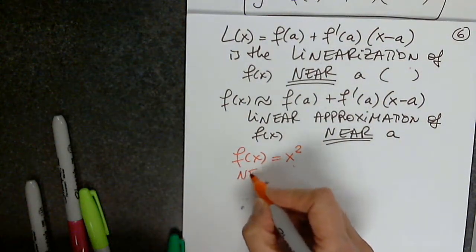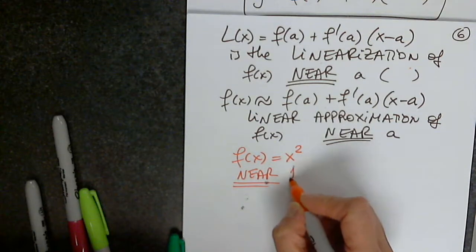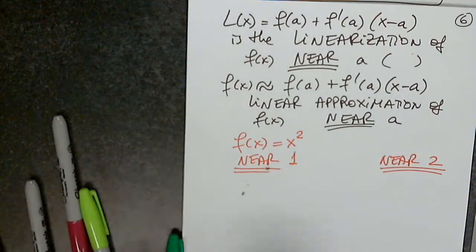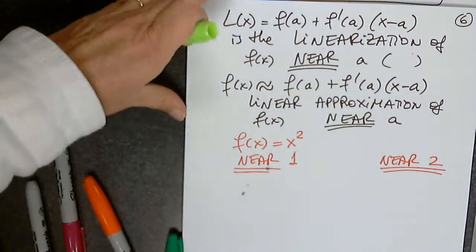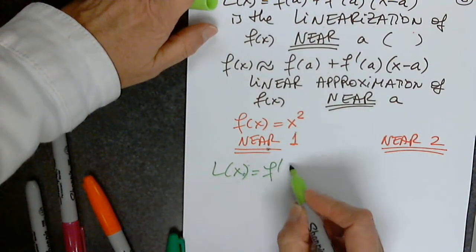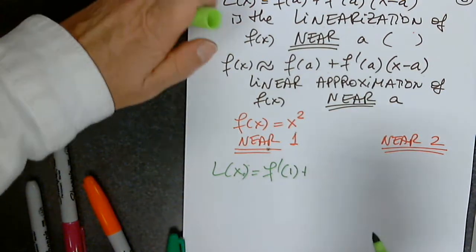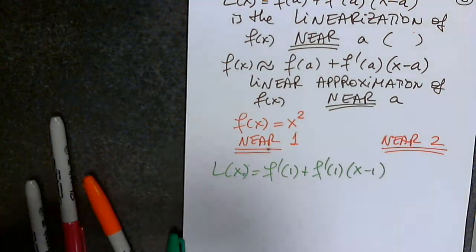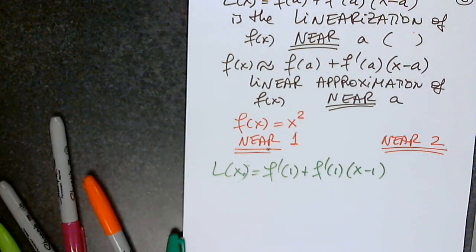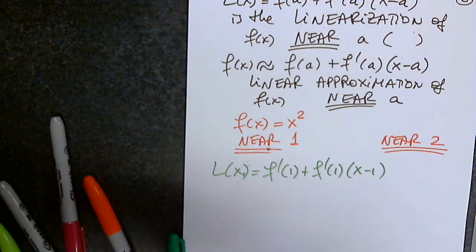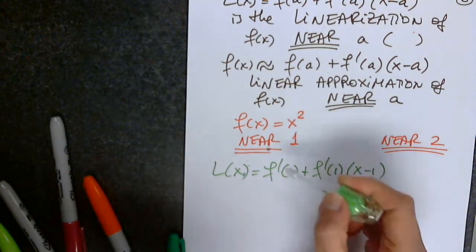So first near 1, and then later near 2. So the linearization is L of x equals f prime of 1. I'm sorry, I meant to write f of 1 plus f prime of 1 times x minus 1. I will delete that. So f of 1 plus f prime of 1 times x minus 1.